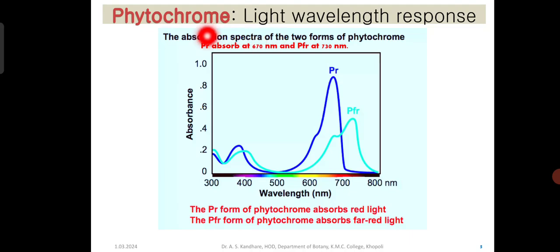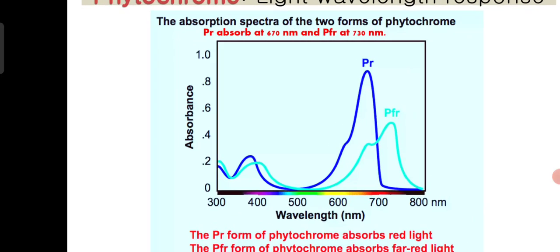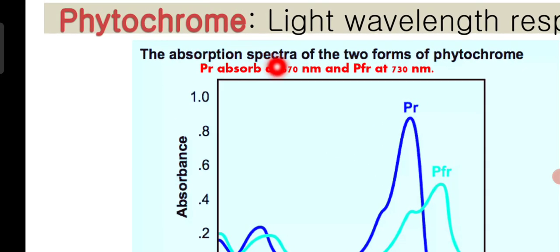This is the absorption spectra of two forms of phytochrome, that is PR and PFR form. So here you can see this PR form absorbs 670 nanometer, whereas PFR absorbs 730 nanometer light wavelength.